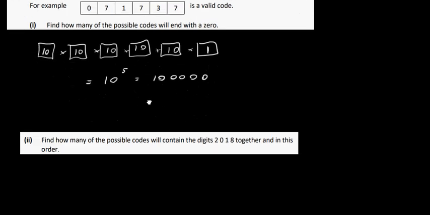Okay, so what about part 2? Find how many of the possible codes will contain the digits 2018 together and in this order. So in this particular case we have 4 digits, so there are 2 other digits that we need to choose from.